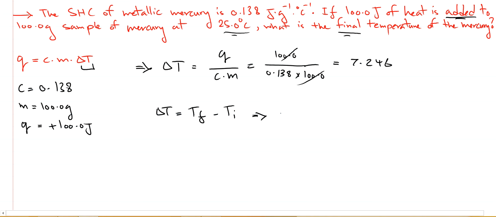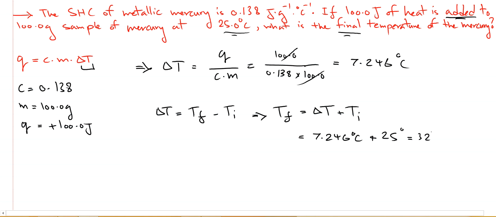Therefore, my final temperature is going to equal my delta T plus the T_i, which is going to equal 7.246 degrees plus 25 degrees, which is going to equal 32.246 degrees. And that is our final answer.